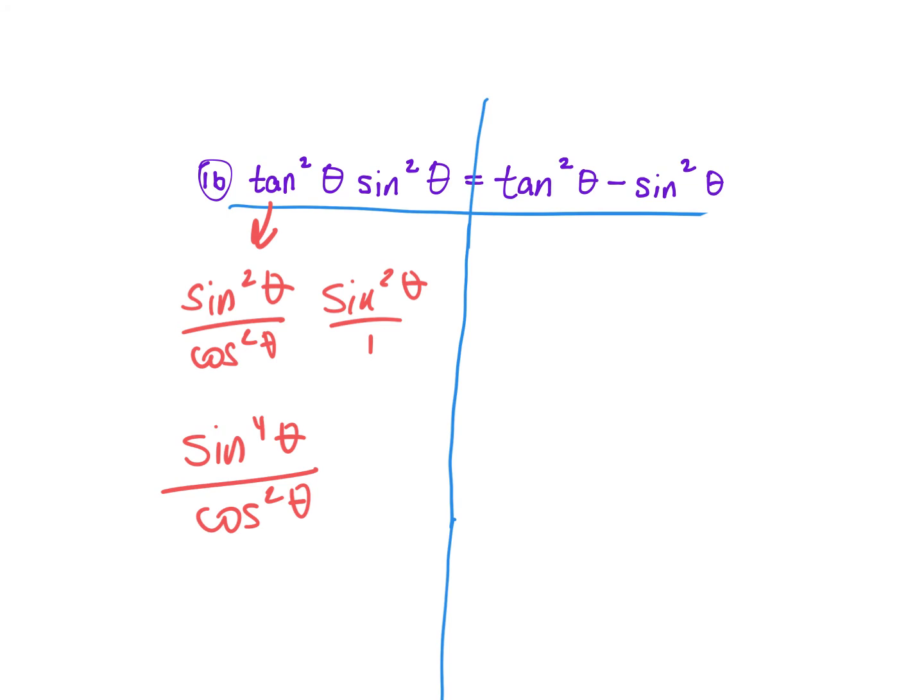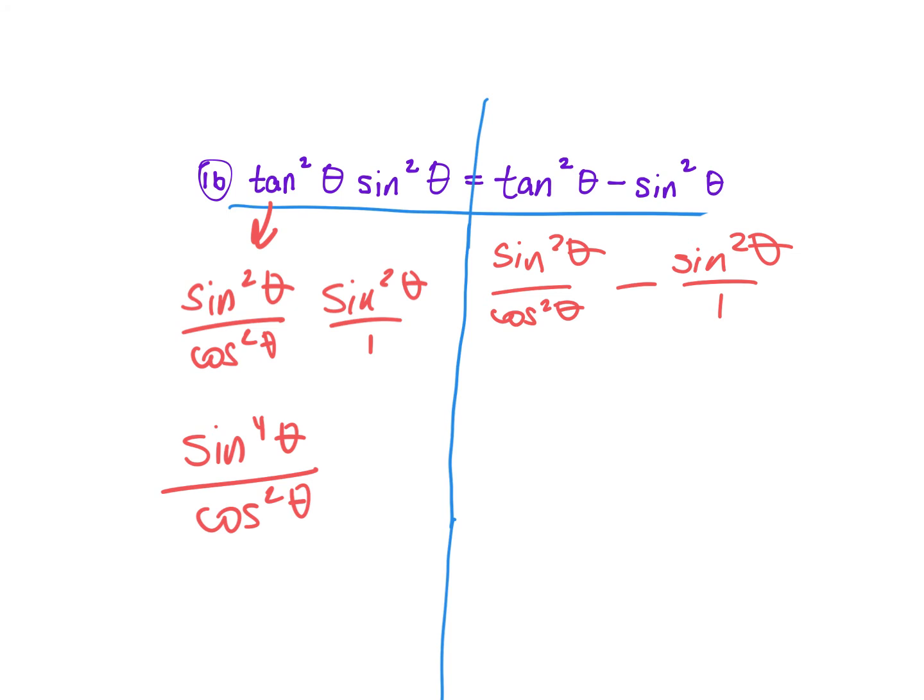Okay. Let's do the right-hand side. What can I do in terms of sines and cosines? Sine squared theta over cosine squared theta. Okay, agreed. Minus what? Sine squared theta over 1. All right. I have two fractions that don't have the same denominator. What do I need to do? Multiply.